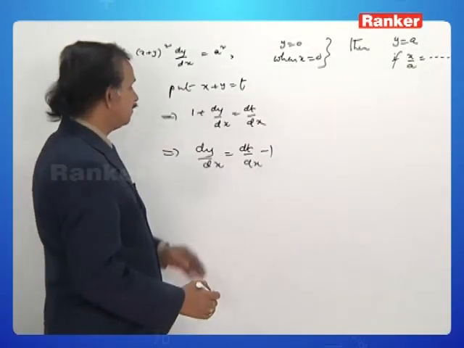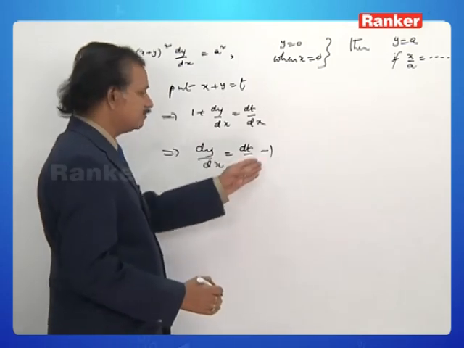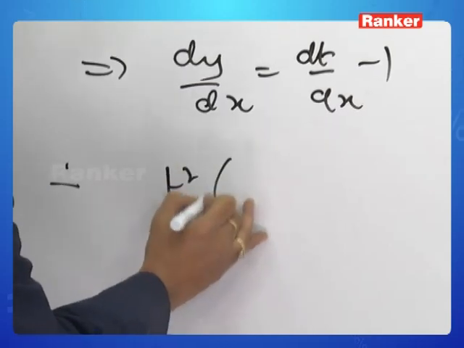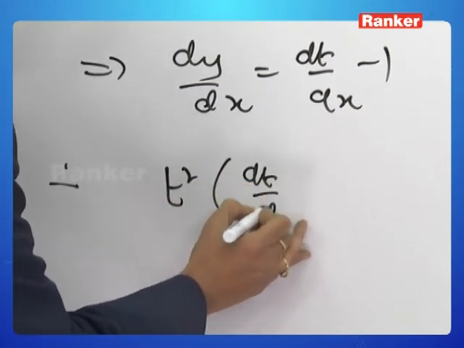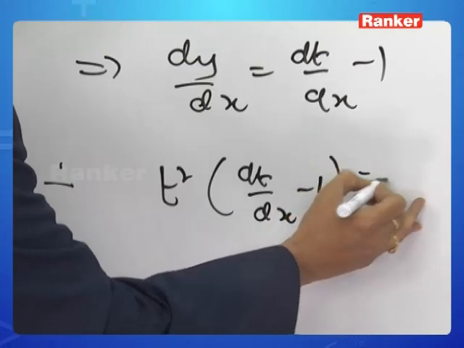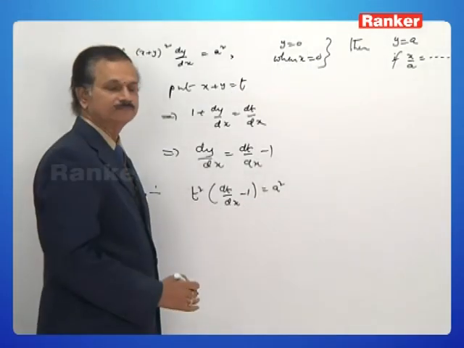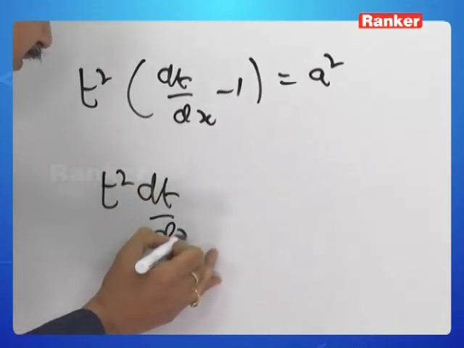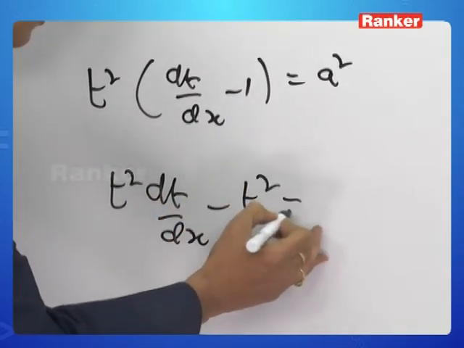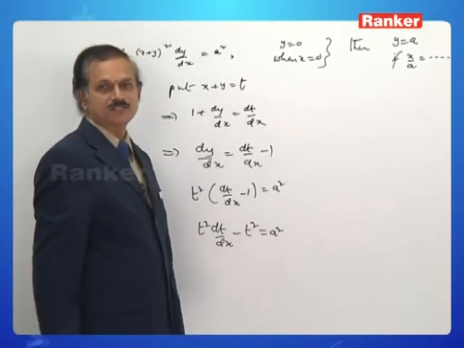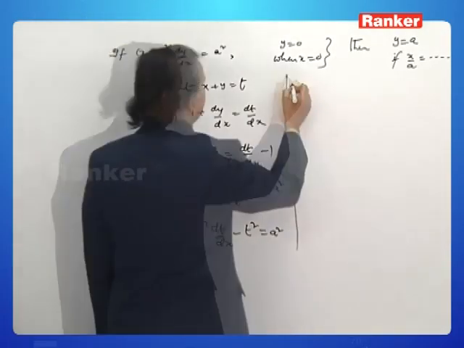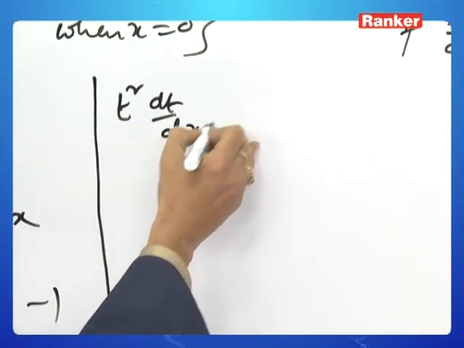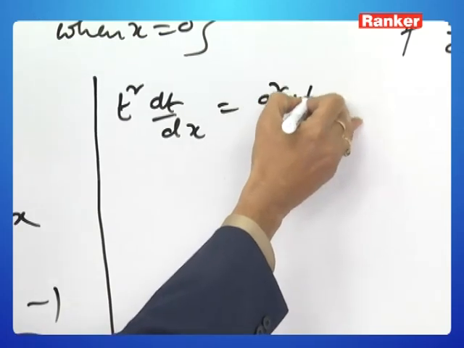And in the place of dy by dx we will write dt by dx minus 1. Therefore t square into (dt by dx minus 1) is equal to a square. Therefore t square dt by dx minus t square is equal to a square, right? Well done. Therefore t square dt by dx is equal to a square plus t square.